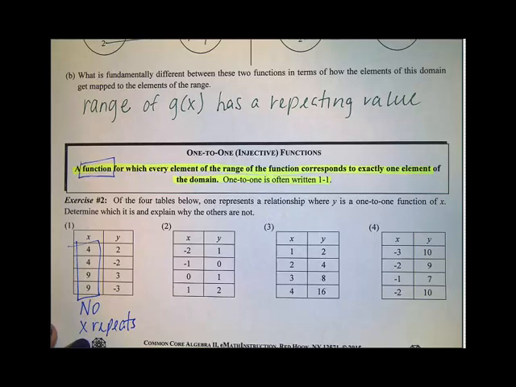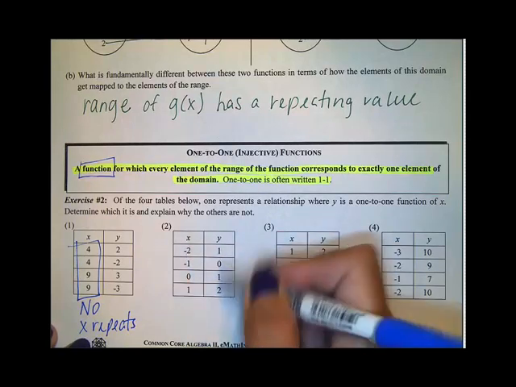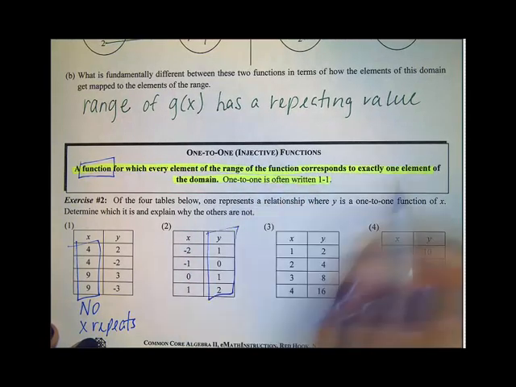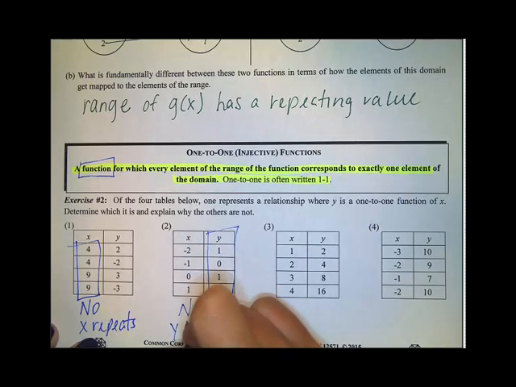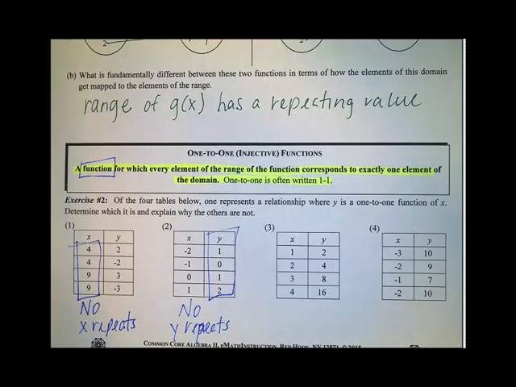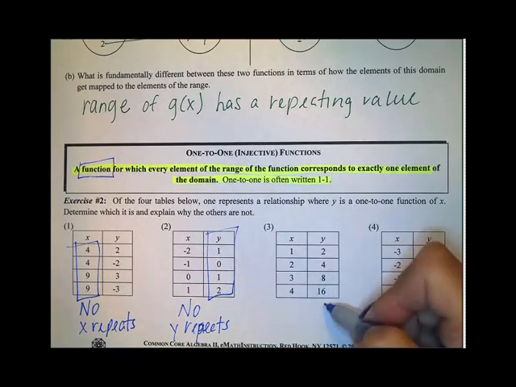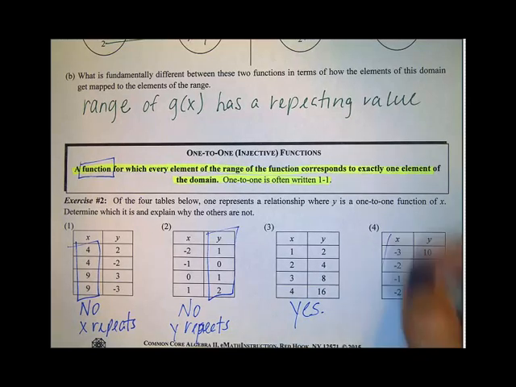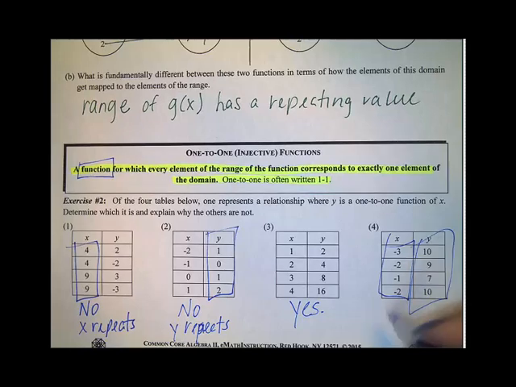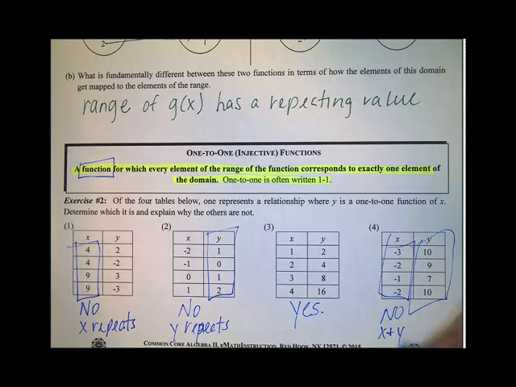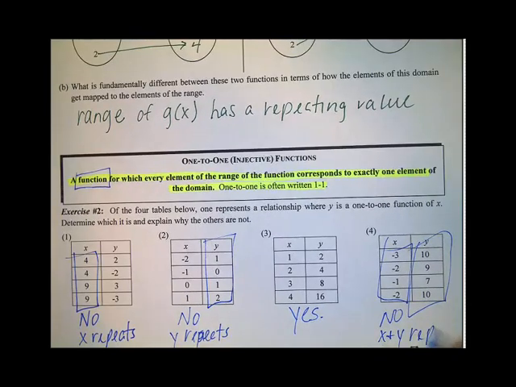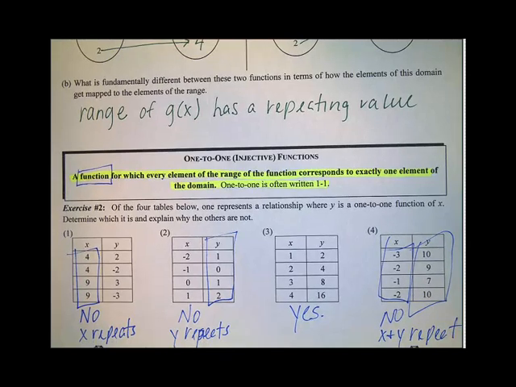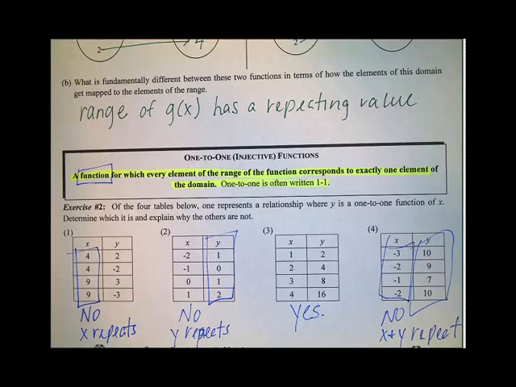Number 2, the x's are good, but the y repeats. Number 3 looks good. And number 4, both repeat. So number 3 is one-to-one, because the y values and the x values cannot repeat in order for it to be one-to-one.